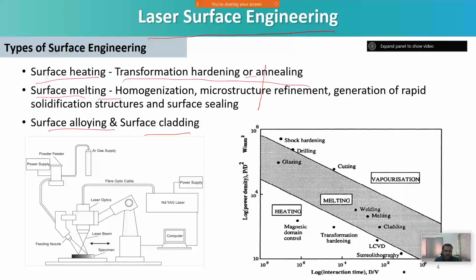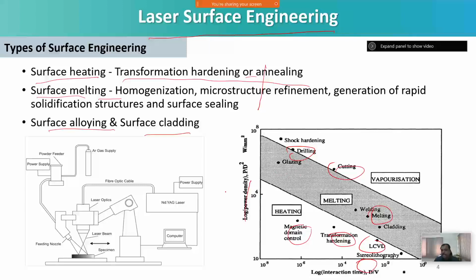And this is a kind of process map which gives some information about the interaction time and power density, and you have multiple laser based processes, and we are working on almost all of them with different types of laser.